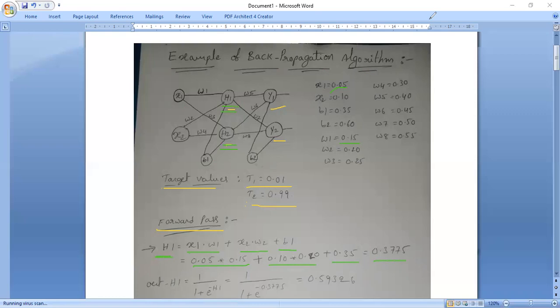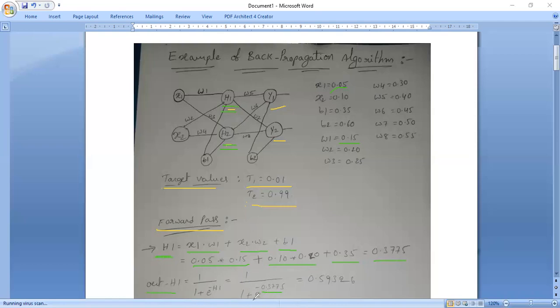Now we are going to calculate the output of h1. The formula for the output of h1 is 1 by 1 plus e to the power of minus net h1, which equals 1 by 1 plus e to the power of minus 0.3775.